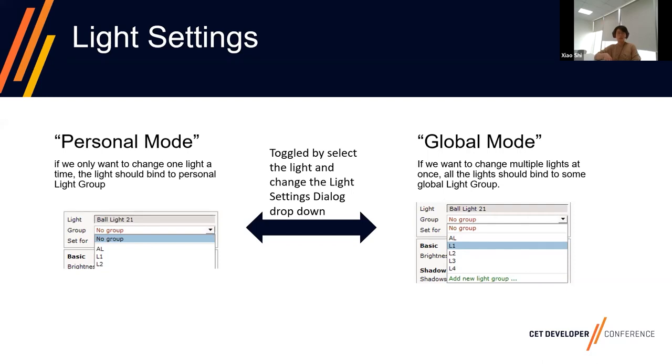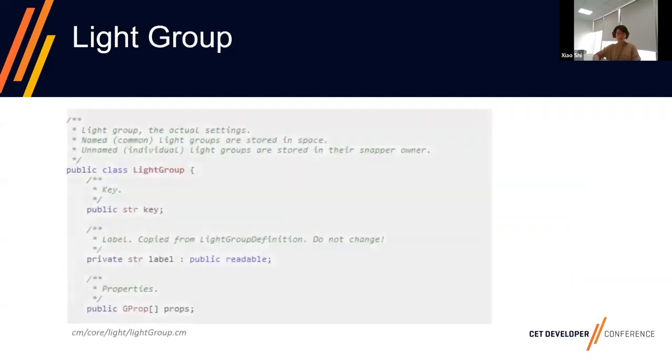So you need a third-party class to store all these light settings, and your snapper just simply says, hey, third-party class, give me what temperature I am or what brightness I am. Or if I want to set it back, I just go to the third-party class and set it back inside of that class. So what is that class? Naturally, it's called light group.